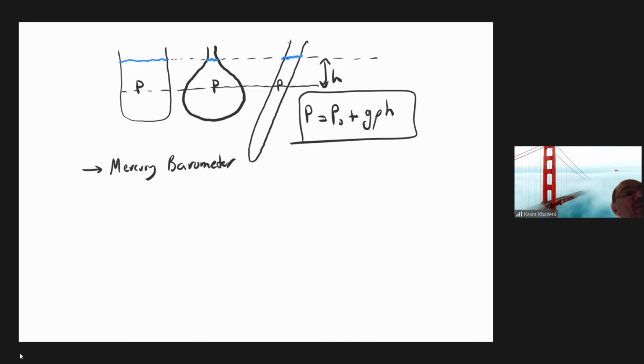Okay, so a mercury barometer is a column of mercury that measures the atmospheric pressure wherever you put it. And this is how you build one. You get a glass tube and you fill it with mercury.